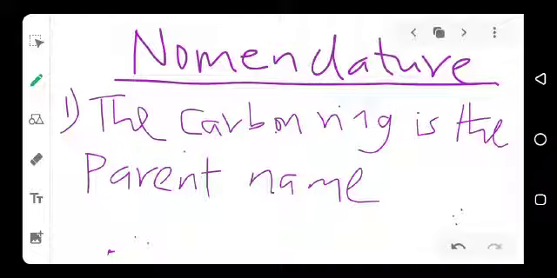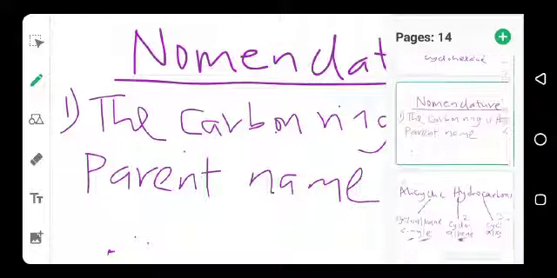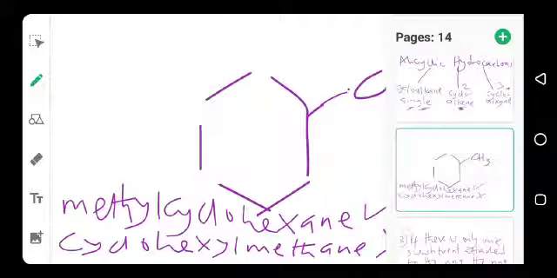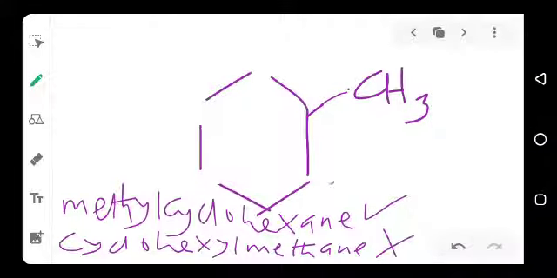The parent name is the functional group. So when we have a structure like this one, to name it, this ring should be the parent name. I know that in naming any organic compound, the substituent should come before the parent name.